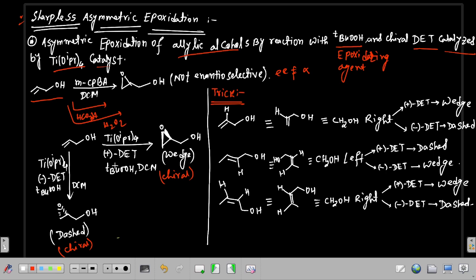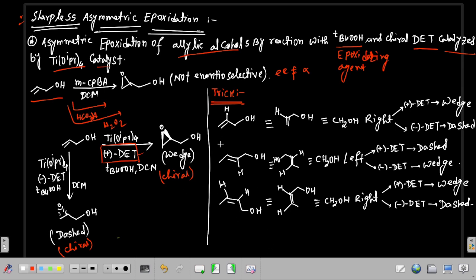When we are changing this plus DET, this DET is acting as a chiral ligand. So in presence of this chiral ligand, there will be change in the stereochemistry, like from which side this epoxidation will happen. So that will be decided.